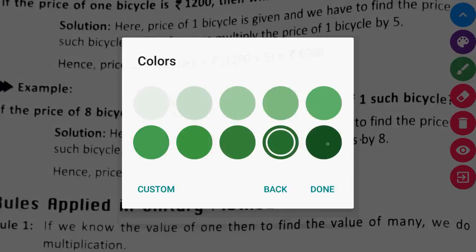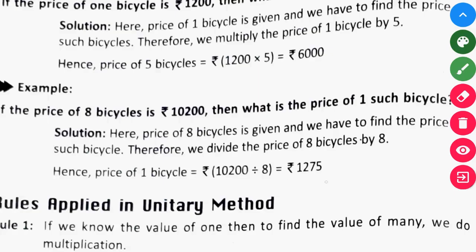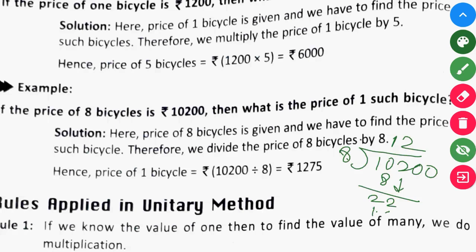So here you have to calculate the price of one bicycle from the price of 8 bicycles, so you will do division. 10,200 divided by 8. 8 ones are 8, 2 is remainder, then this 2 will come down, 8 twos are 16, 4 is remainder, 40 it becomes, and 8 fives are 40.